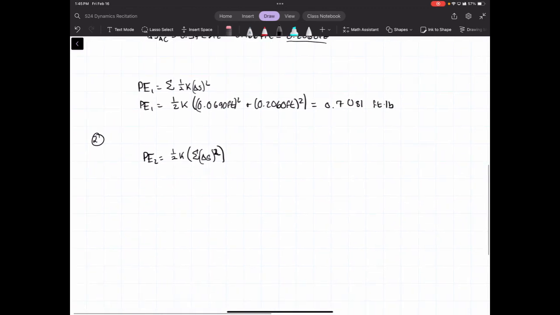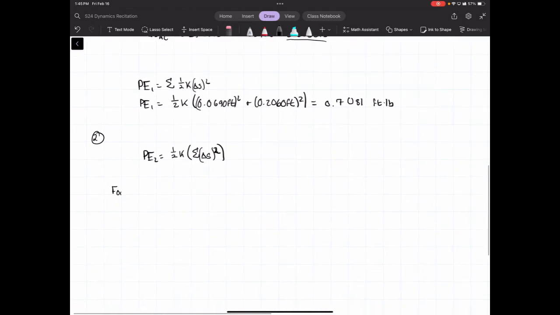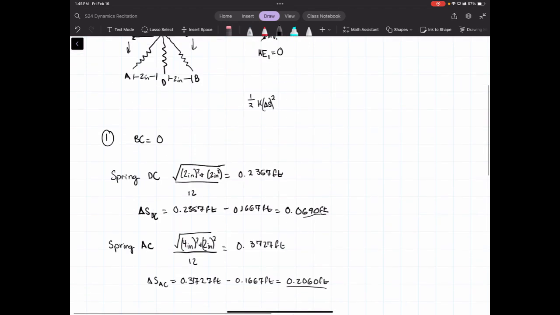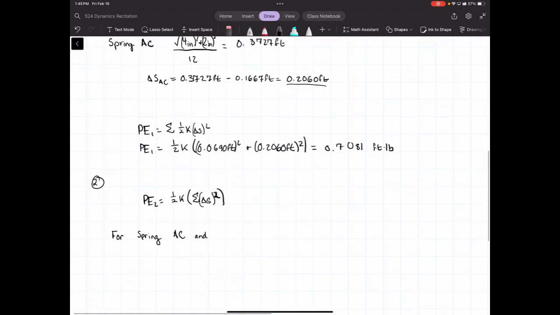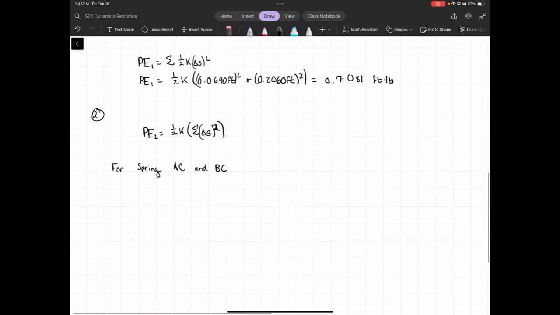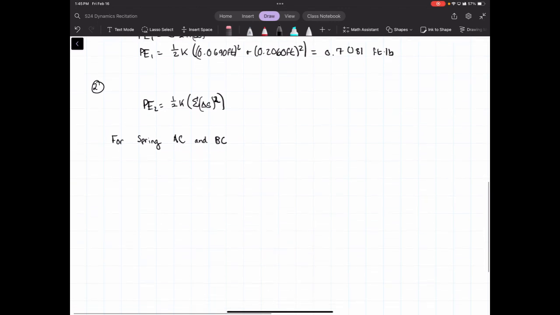So for spring AC and BC, again, Pythagorean theorem, they are each displaced 2 inches in the x and 2 inches in the y.